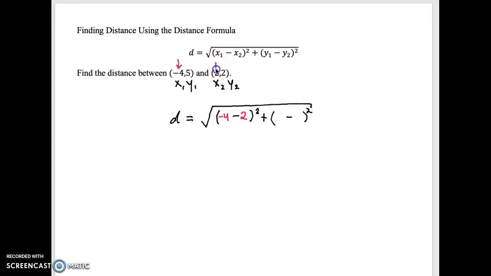So that was our x2 value here. Then we're going to continue and do that for y. So our next part of the formula is y1, and y1 is right here, which is 5. And then y2, which is our last one right here, which is 2.